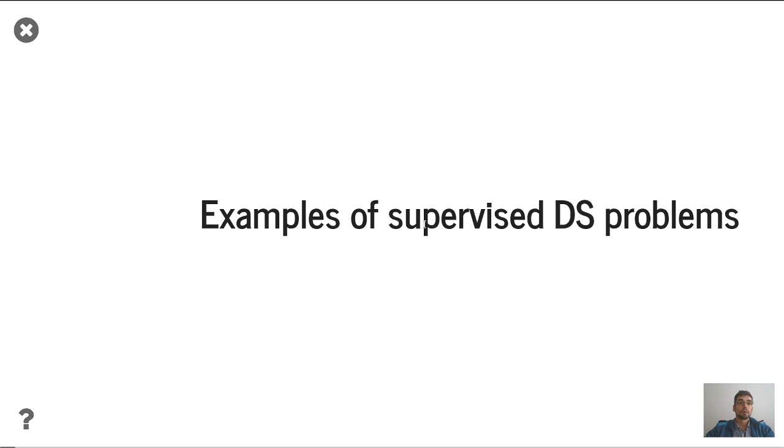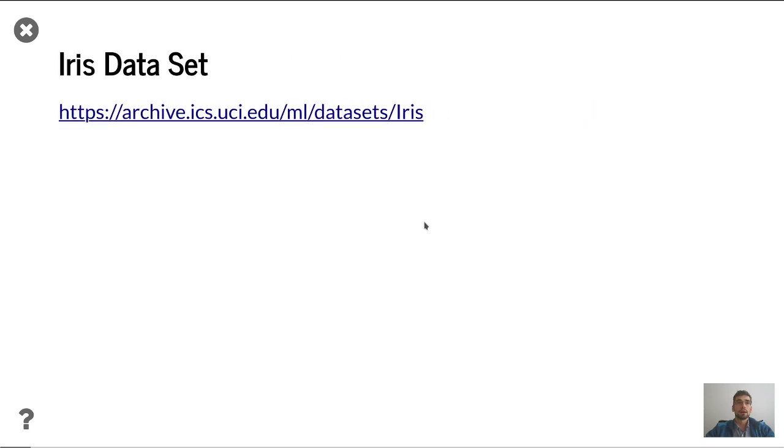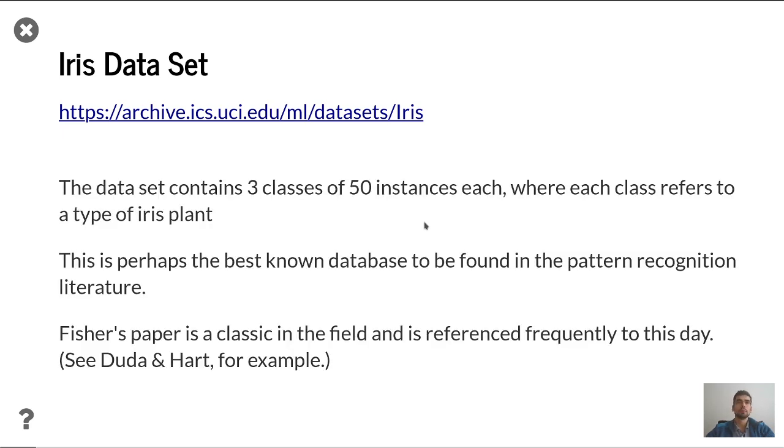Okay, let me start with some examples of supervised data science problems. I will give a very brief explanation and introduction to each problem, just to highlight the major aspects. This one is the most famous data set in machine learning.